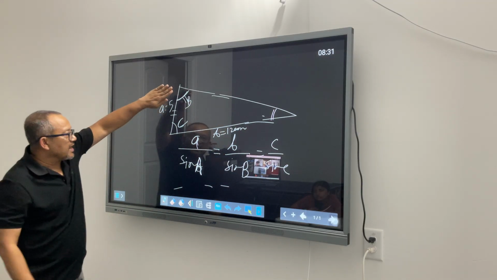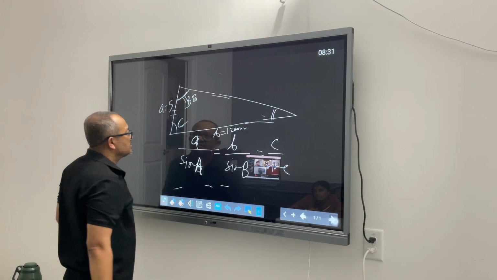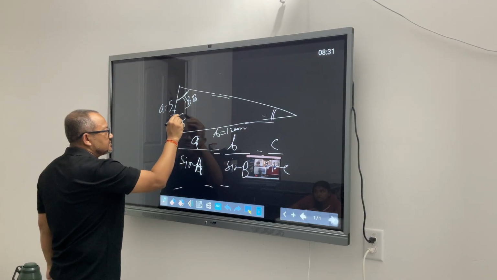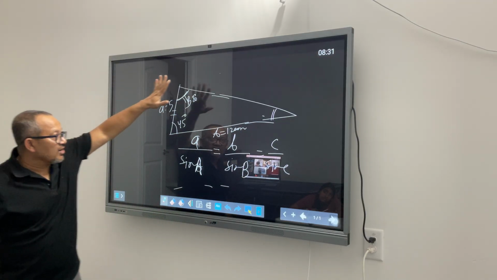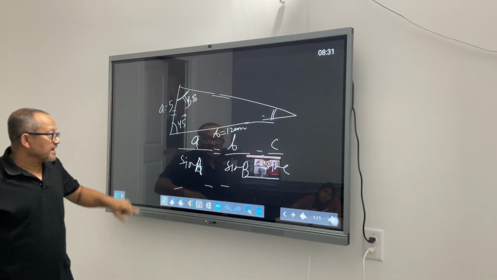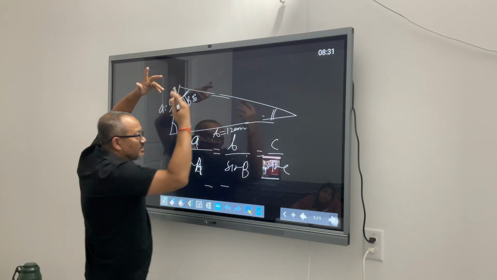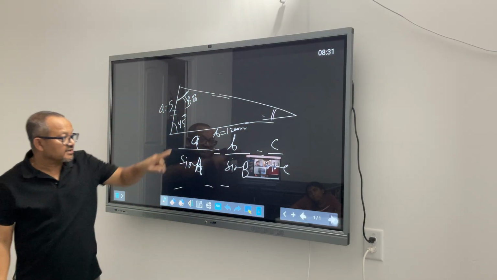And this angle is given to me as, let's say, 80 degrees, and this angle is given as 45 degrees. Can I find out the length of the other sides or not? If I know these two angles, I can find this angle as well, because the sum of all the angles is 180 degrees. But can I find the other sides?